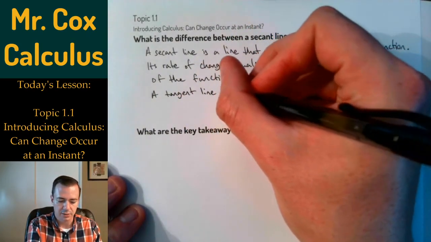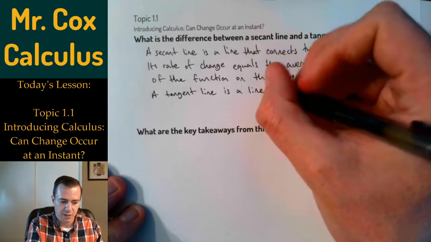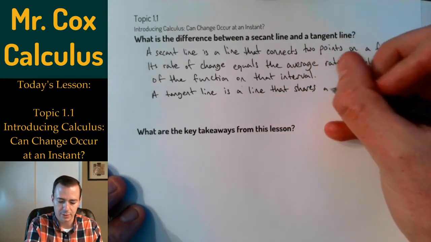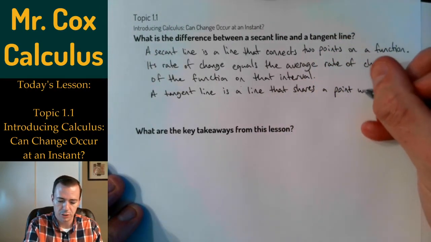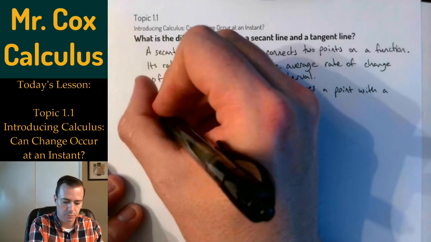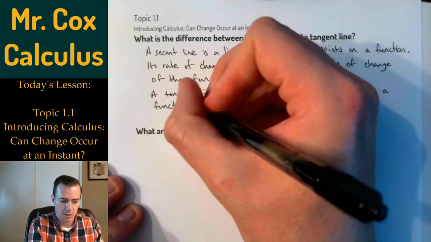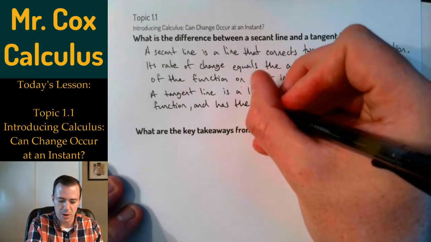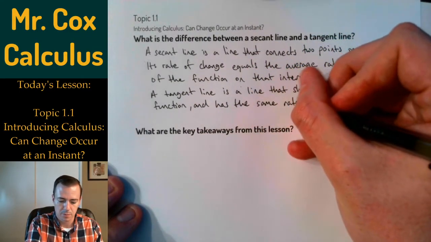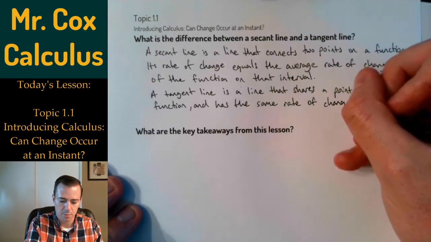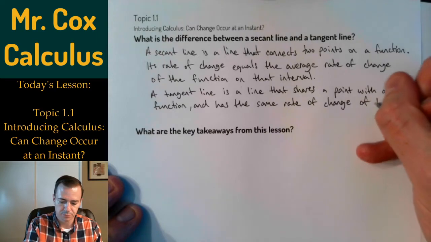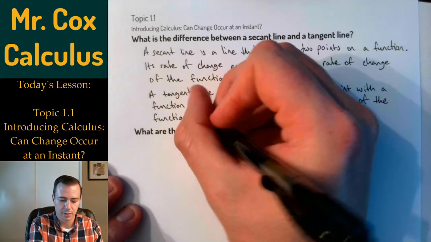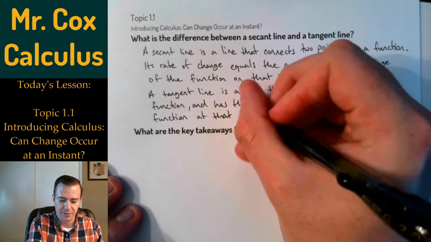And a tangent line is a line that shares a point with a function and has the same rate of change of the function at that instant.